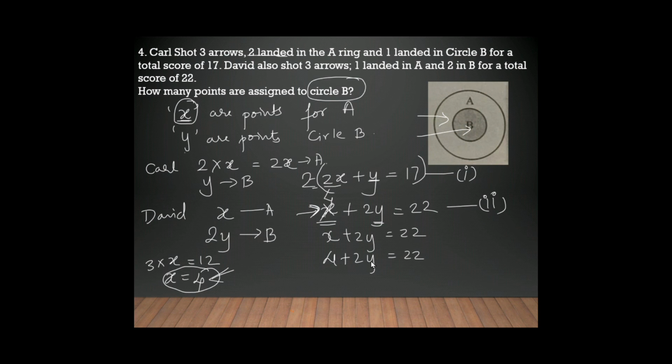Now in algebra, whenever you want to find the value of y, just take all the other terms to the right hand side and keep y itself on this side. So plus 4, when I shift it here, becomes minus 4. So 22 minus 4 will give me 18.